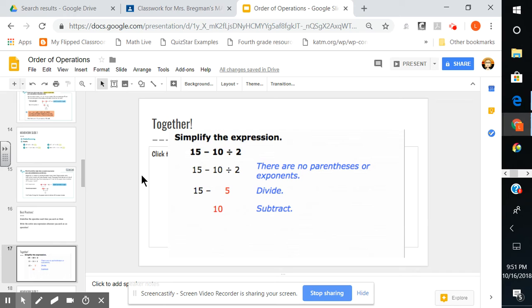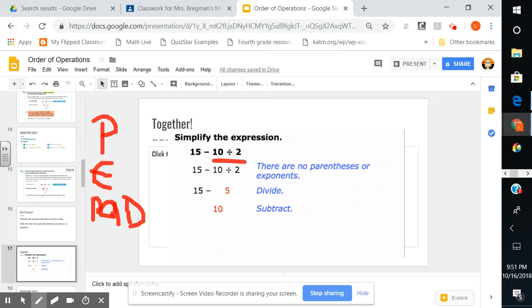Let's do this one together. Simplify the expression. Please copy it down. 15 minus 10 divided by 2. Well, according to PEMDAS, we must do parentheses first. There's no parentheses. Exponent second. There's no exponent. Multiply, divide left to right. Well, guess what? There is a division there. So I'm going to underline 10 divided by 2.